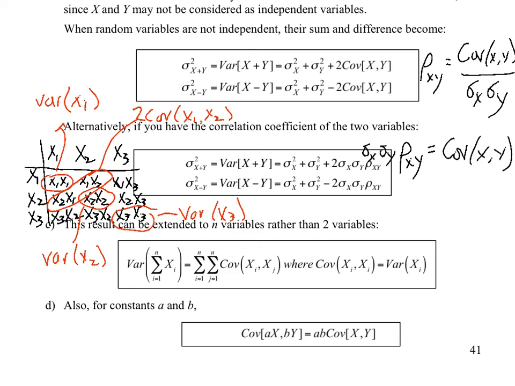And similarly for x1 and x3, and then the last one would be 2 covariance of x2 and x3.